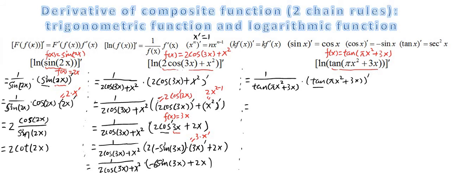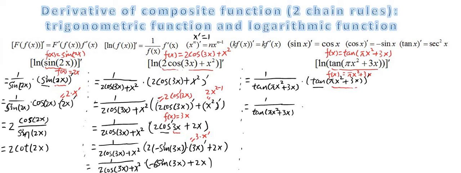What is the little f(x)? That is pi x squared plus 3x. So we can write down f(x) equals pi x squared plus 3x. Now we can simplify it. 1 over tangent of pi x squared plus 3x.